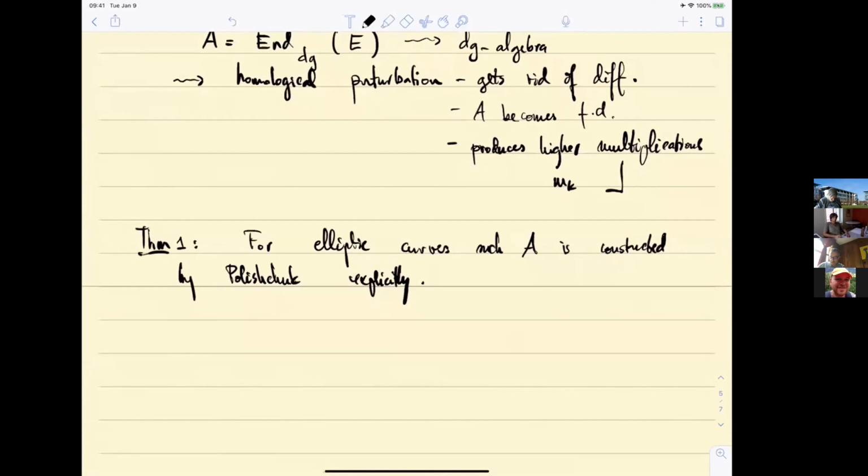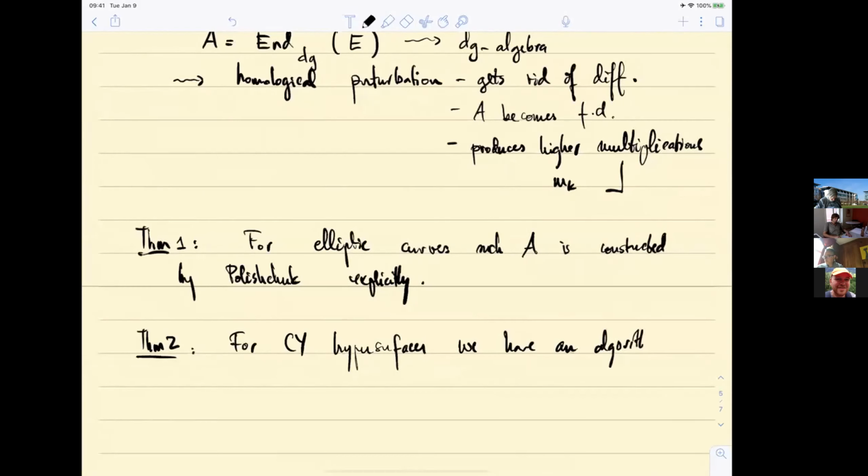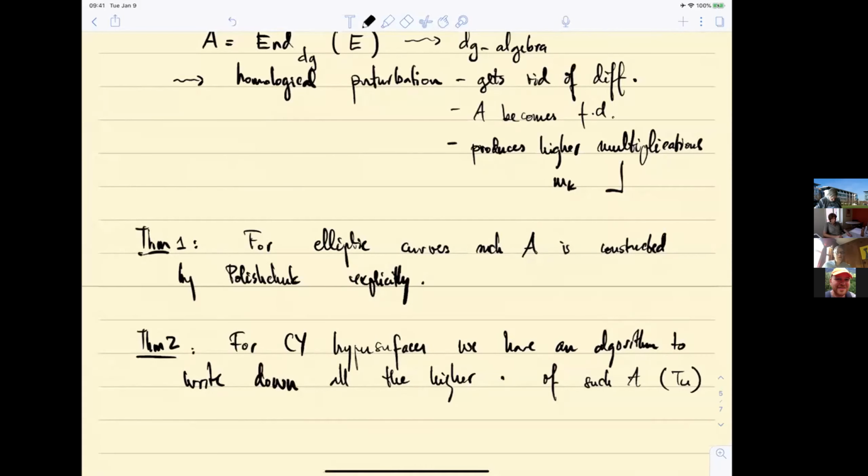And the second theorem by Junwu Tu is for Calabi-Yau hypersurfaces. We have an algorithm to write down all the higher multiplications of such A. This is Junwu Tu's separate work.